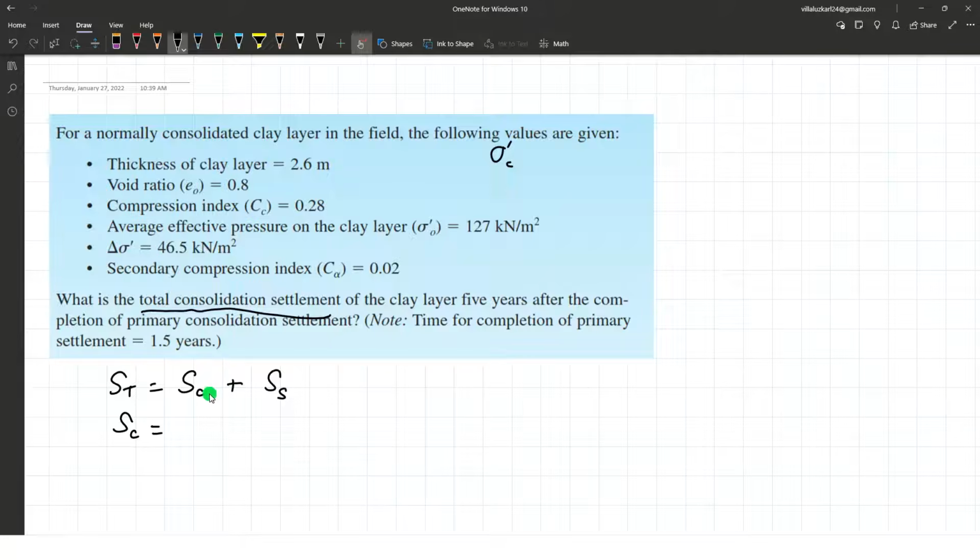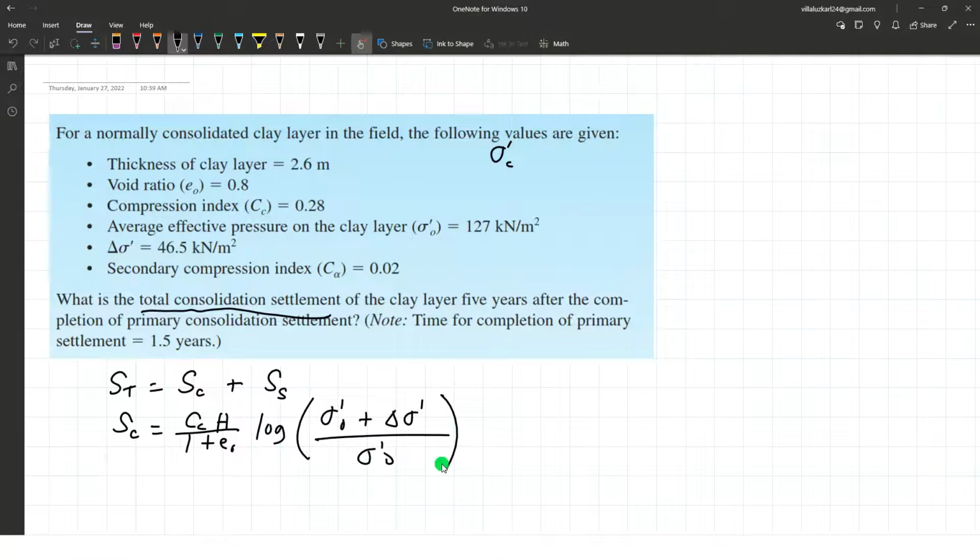So going back from our general equation for normally consolidated clay for primary consolidation, our formula for the settlement is equal to CC H over 1 plus E0 logarithm of sigma prime 0 plus delta sigma prime over sigma prime 0.